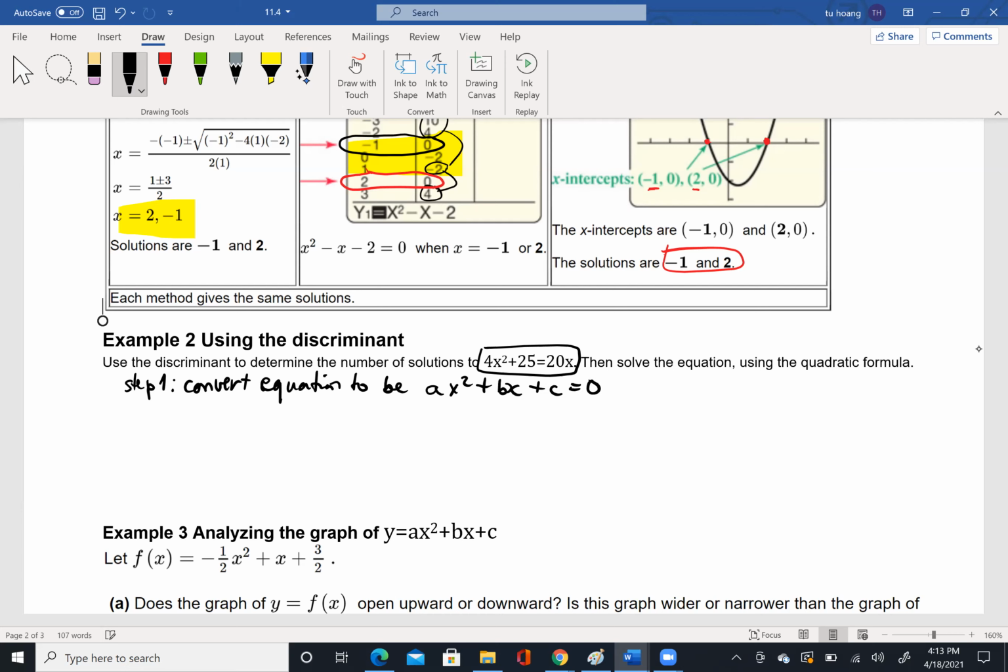I have 4x squared plus 25 equal to 20x, so I need to subtract 20x from both sides. So I have 4x squared minus 20x plus 25 equal to 0.